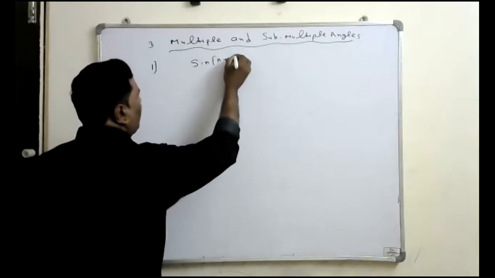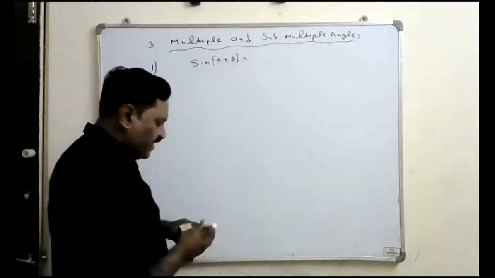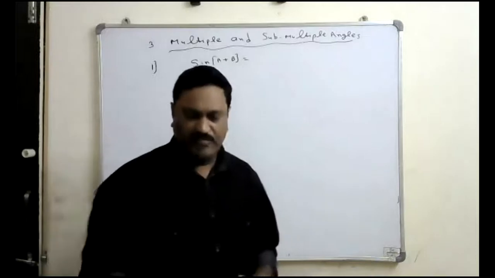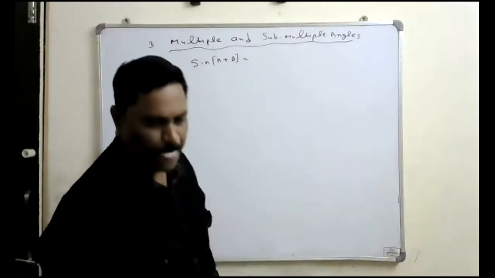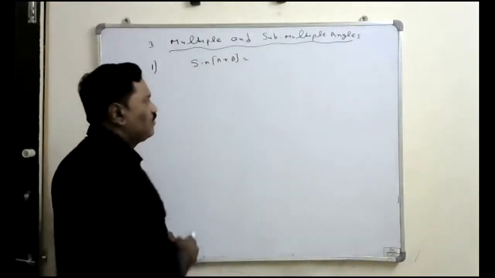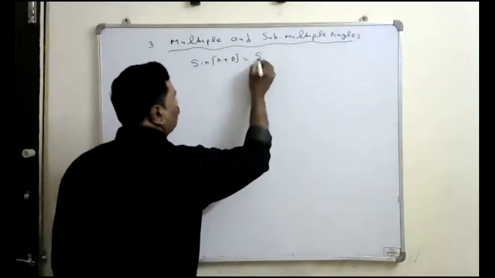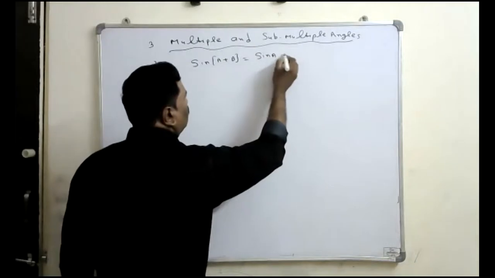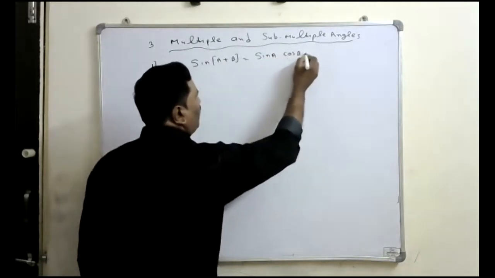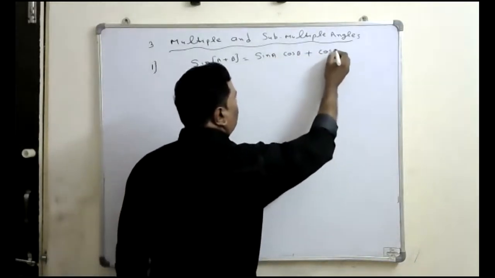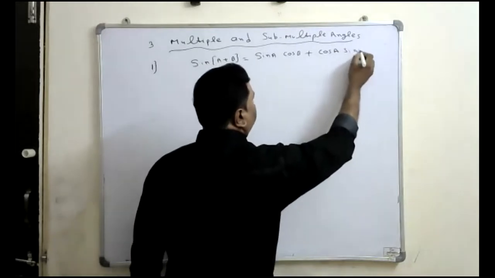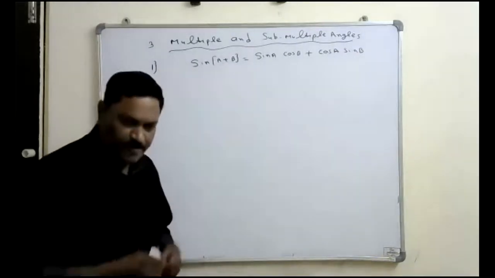From the compound angles, we know the formula for sine of a plus b. What is the formula for sine of a plus b? Sin a into cos b plus cos a into sin b. Good. This is the formula for sine of a plus b, right?